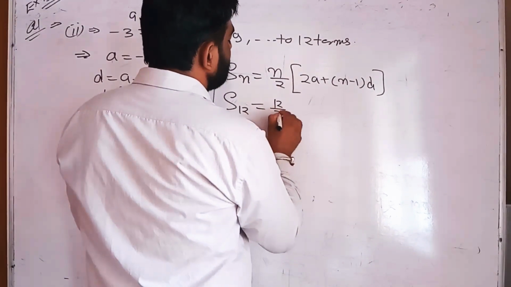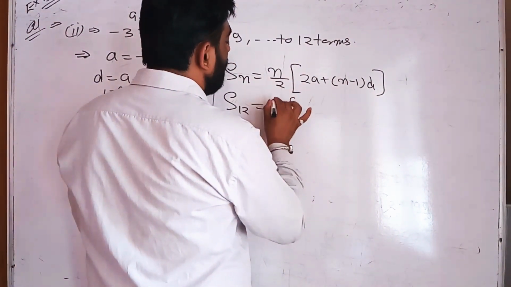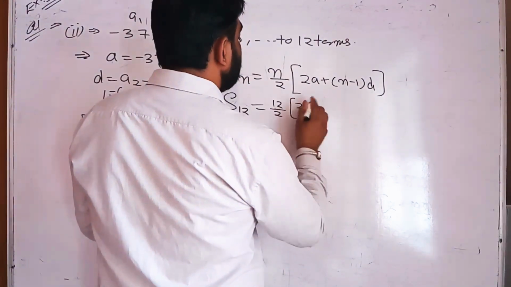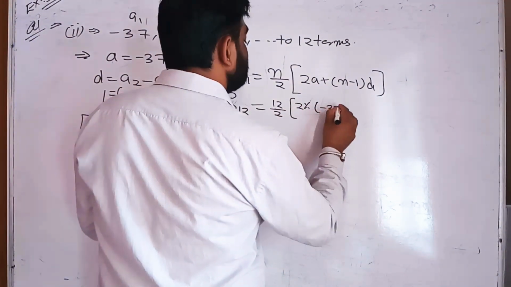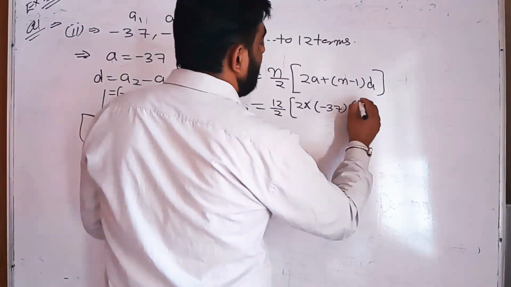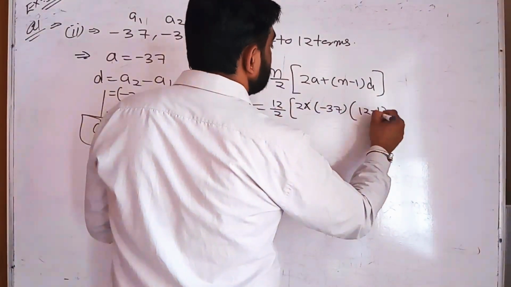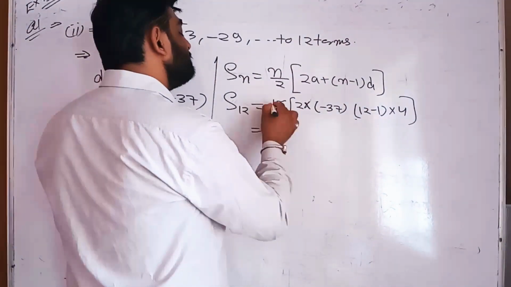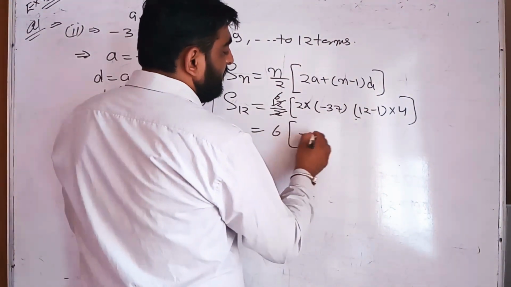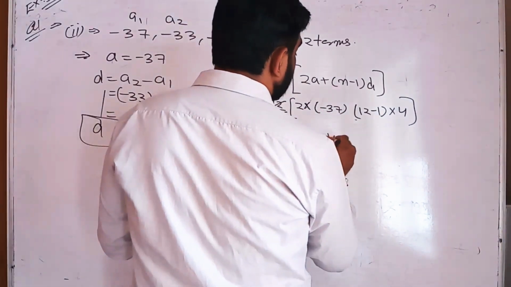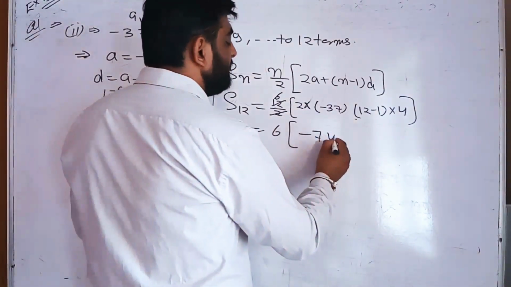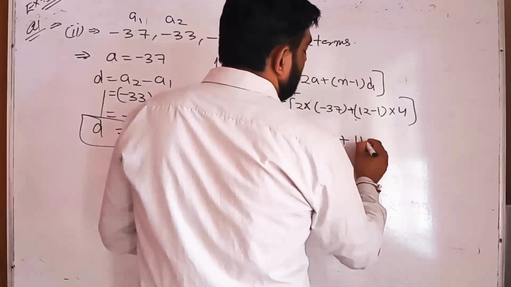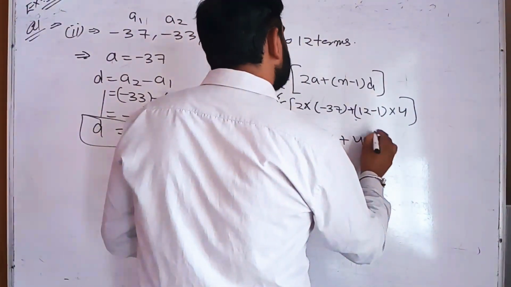So 12 upon 2 into [2 into (minus 37) plus (12 minus 1) into d], where d is 4. Now simplify it: 6 into [minus 74 plus 11 into 4], which means plus 44.